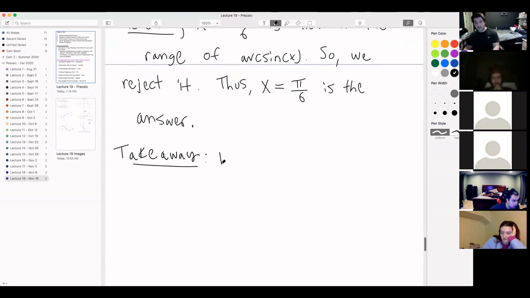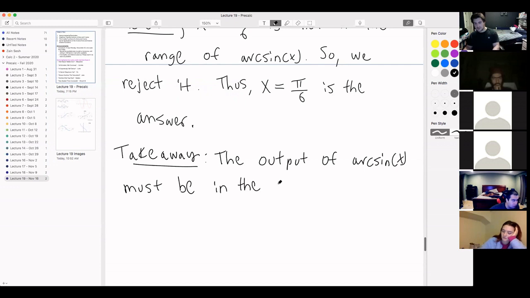So takeaway, the output of arcsine of x must be in the closed interval minus pi over 2 to positive pi over 2.